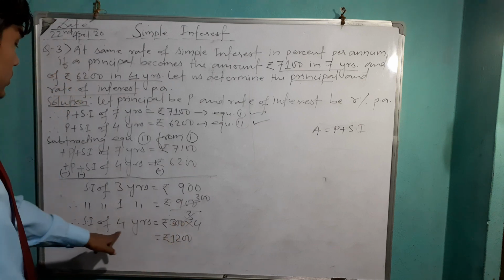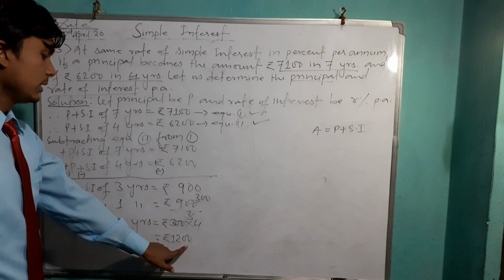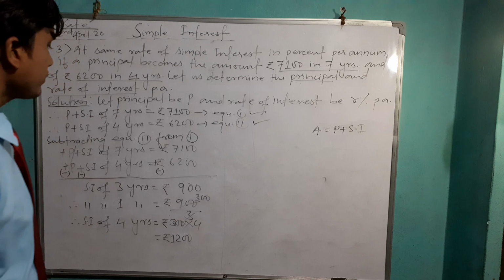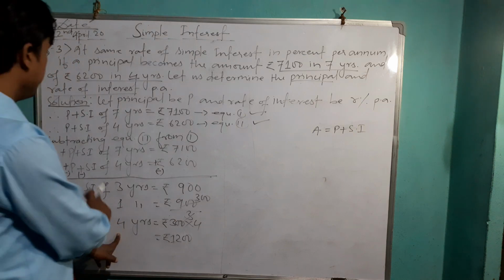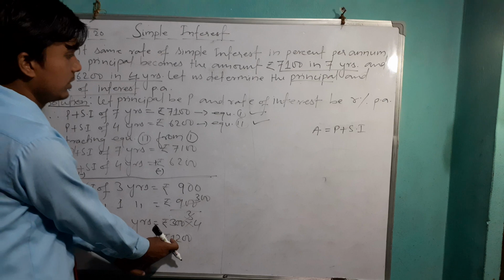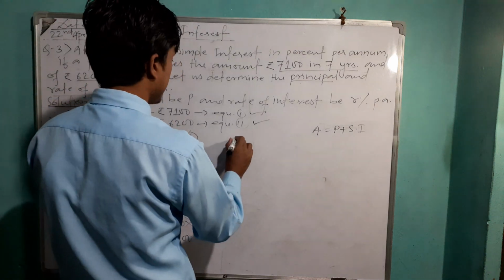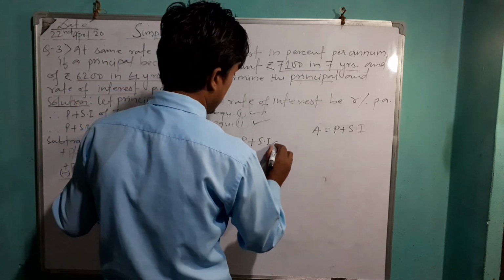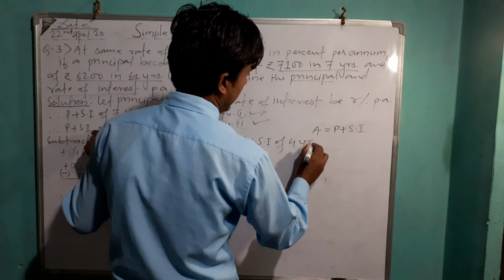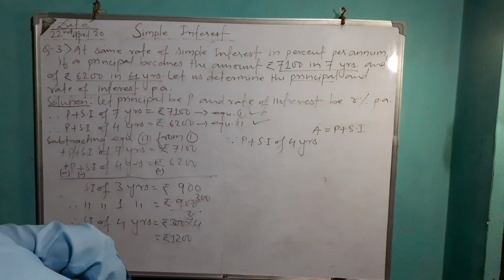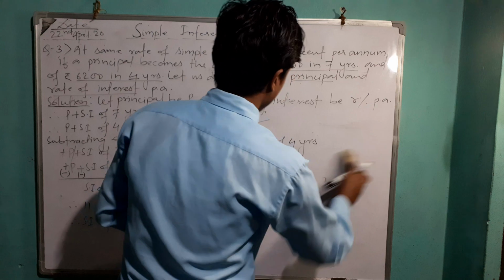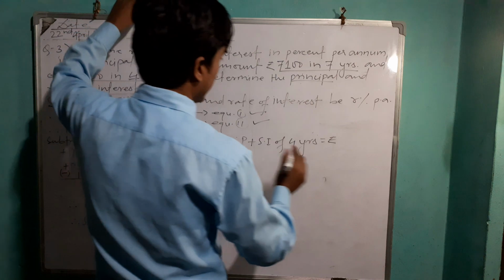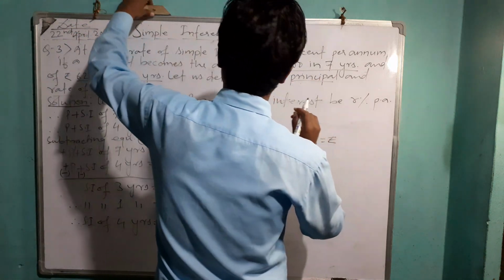So we got the simple interest of 4 years equals 1,200. Now in equation 1, P plus SI of 4 years, SI of 4 years is given to us, equals rupees 6,200.